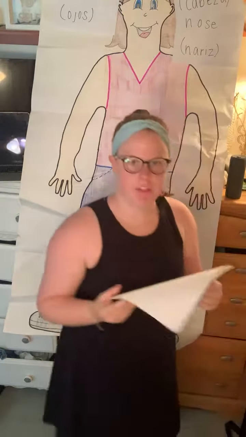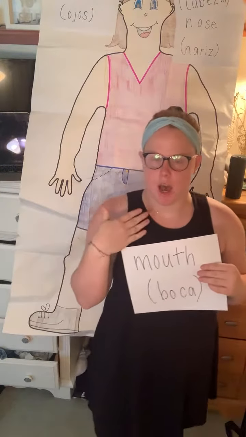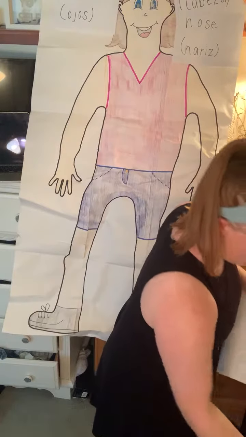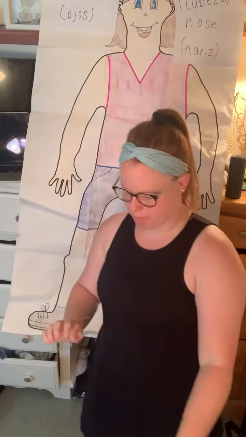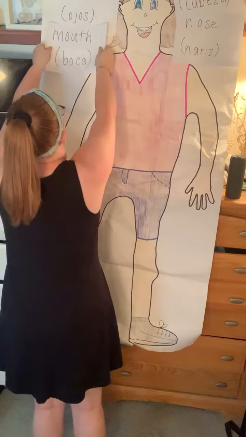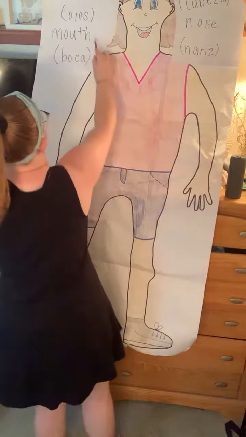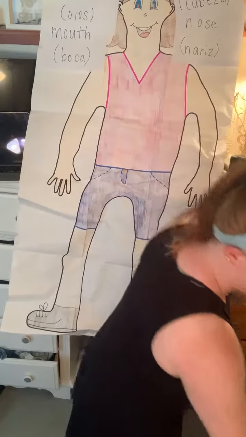Next, we have our mouth. Our mouth helps us to taste things, to help us chew and swallow our food. And yes, I would have a student come up to the board and put this next to where the word belongs. And draw a line to the mouth.